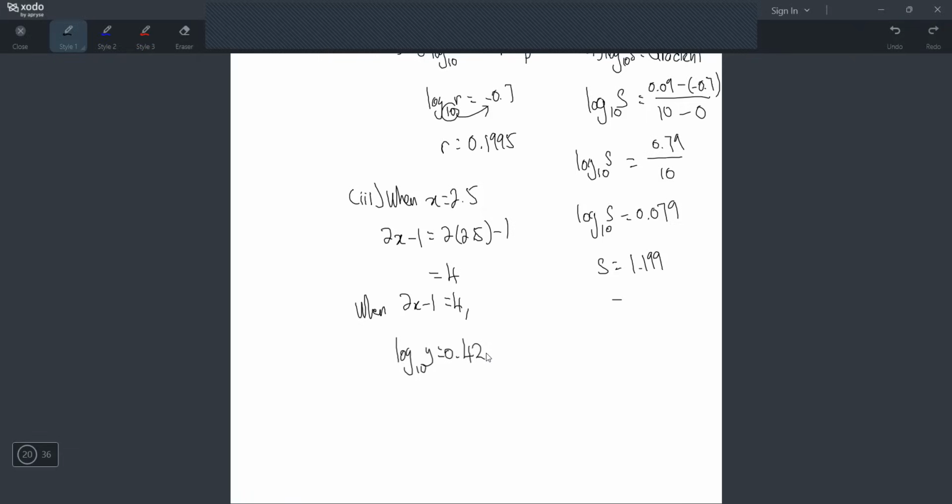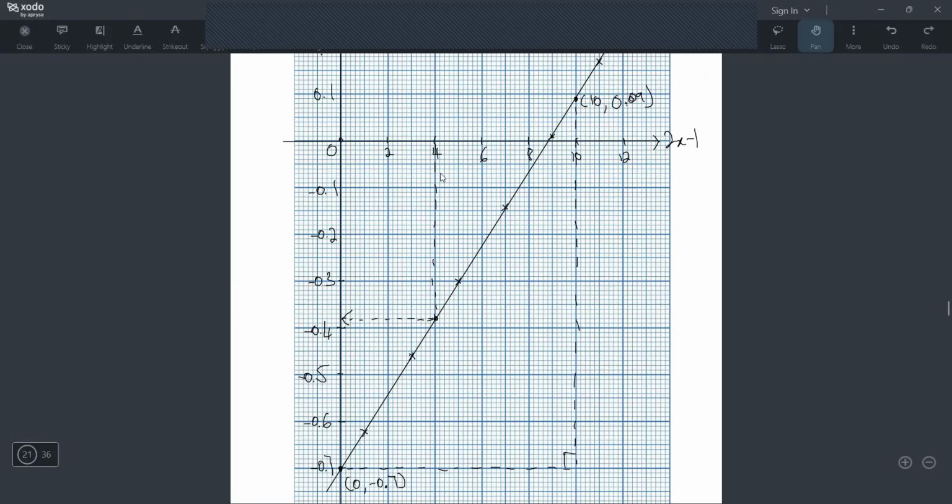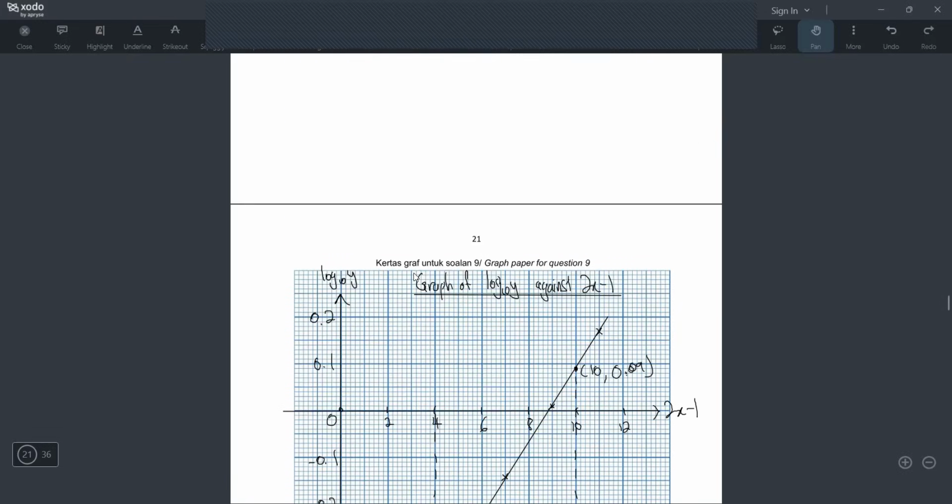Wait, wait. 2x minus 1 equals 4. Betul lah, saya buat 4. Why is my answer not the same as the schema?